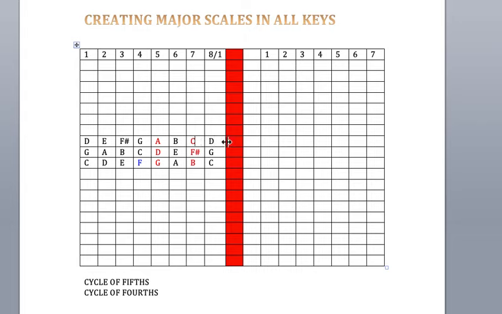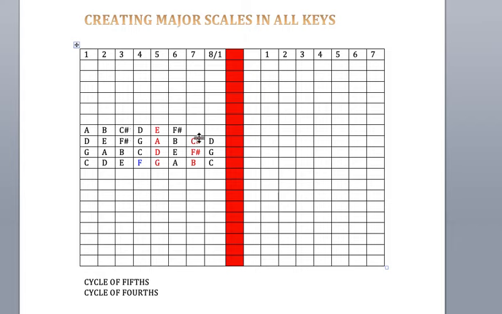seventh here. So I put sharp, and then we count again 1, 2, 3, 4, 5. So the next one is A, and B, C, D, E, F sharp. Now you see that C is also sharp below there.